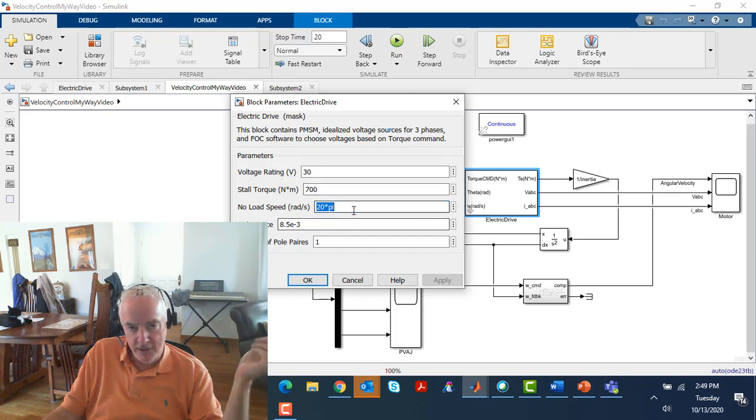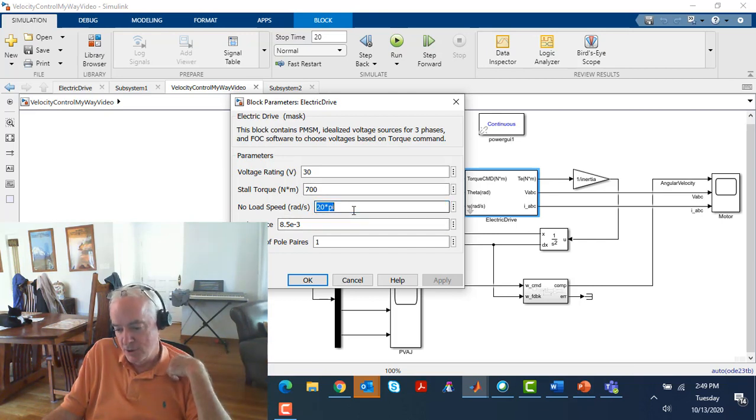This implies things that allow you to calculate things like resistance in your circuit, and then there's the flux linkage, which is a measure of how much torque the motor can generate, and then inductance, and the number of pole pairs are additional parameters we put in here.